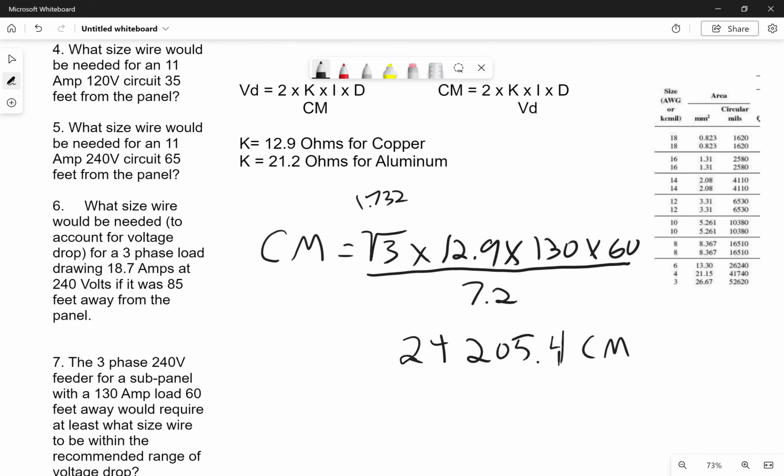Alright, so if we look up at our circular mills, we're scrolling down 10,000, 16,000, 26,000. So it's bigger than a size 8. Size 8's not big enough. Size 6 AWG would be 26,240, and that's going to give us a large enough wire for that problem.